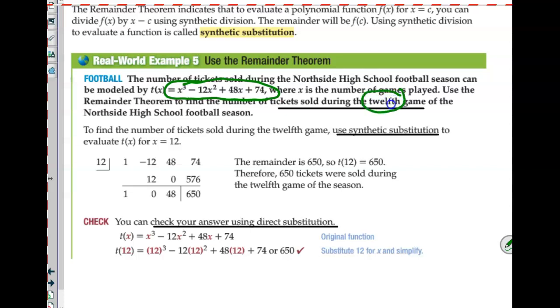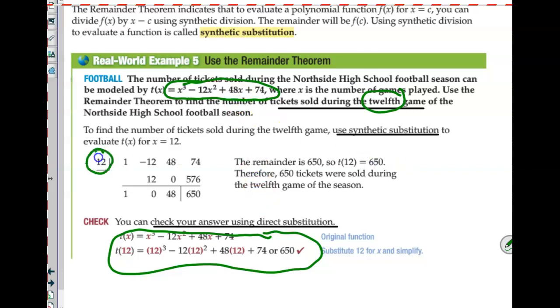So the easiest way in my brain would be to just put the 12 into the function and be done with it, right? But they're saying, well, that's really complicated. Another way you could do that is do synthetic division with a 12 there, and this remainder will be the same answer as if you had put the 12 into the function. That's what the remainder theorem says.